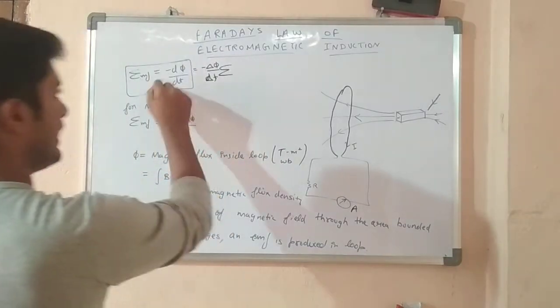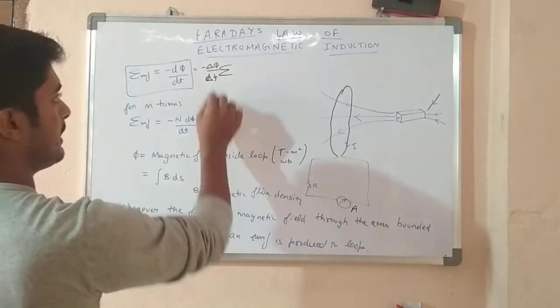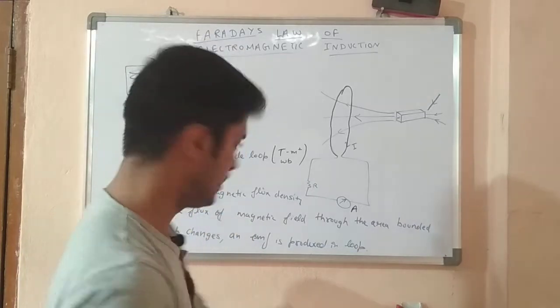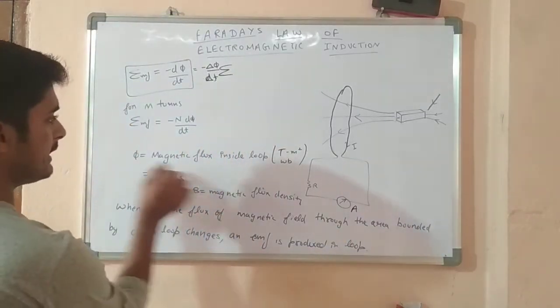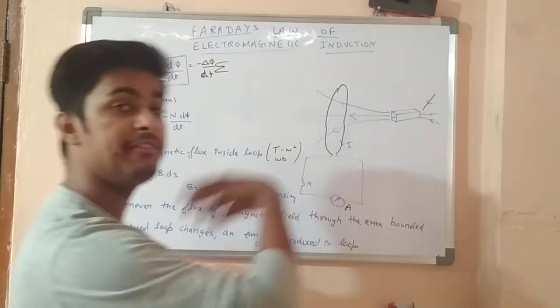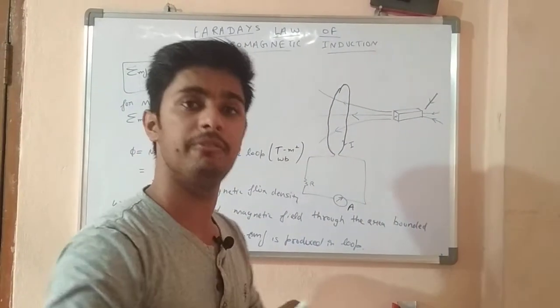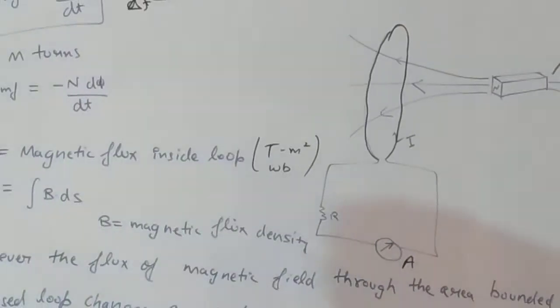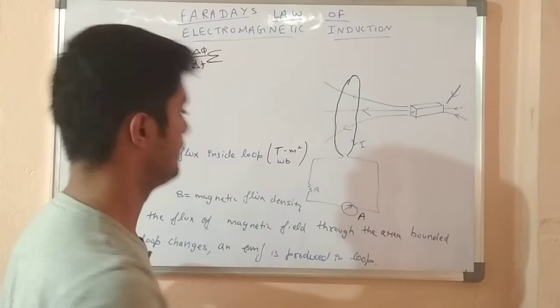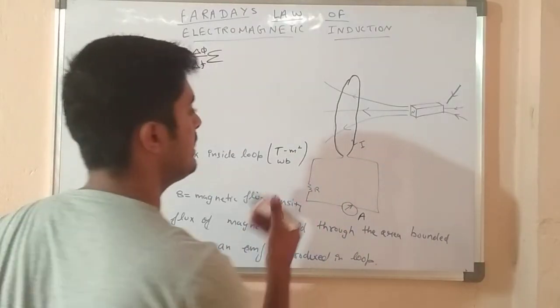What is this phi? Phi is the magnetic flux inside the loop. The magnetic flux inside this loop is denoted by the symbol phi. Its SI unit is Weber.